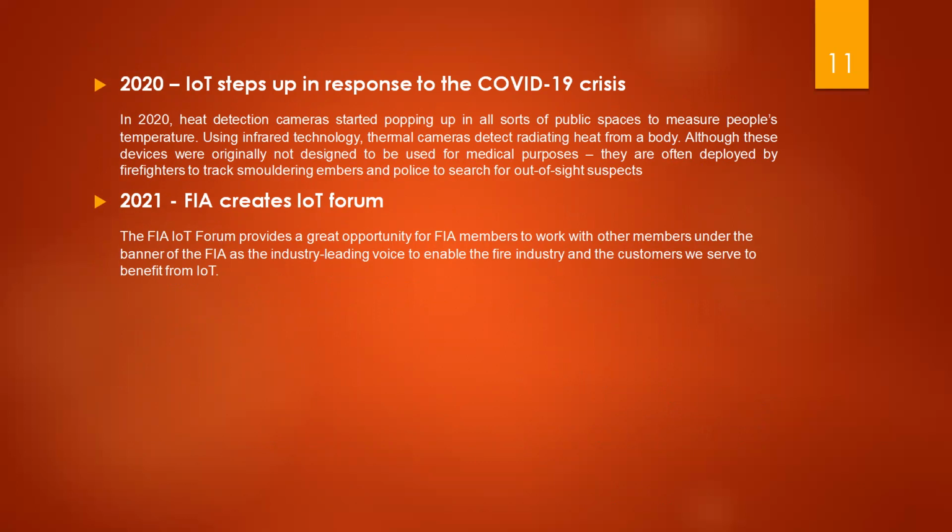Using infrared technology, the thermal cameras detect radiating heat from a body. Although these devices were originally not designed for medical purposes, they are often deployed by firefighters, to track police, to search for out of sight suspects, and in different scenarios.